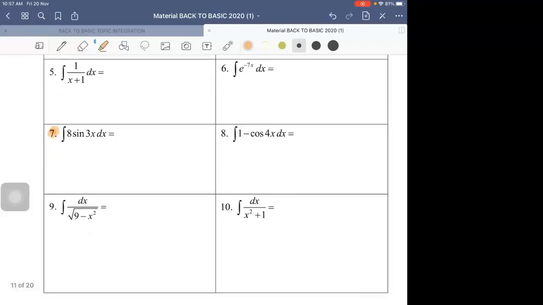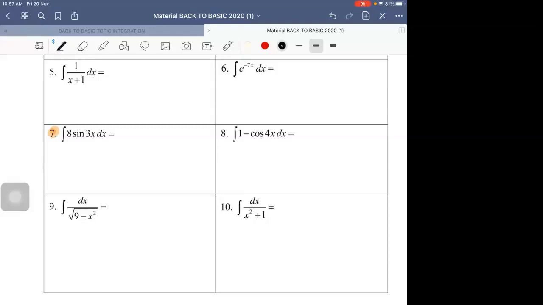Can you tell me the solution? Integrate 8 sin 3x dx. Integrate sin 3x, you should get negative cos 3x.